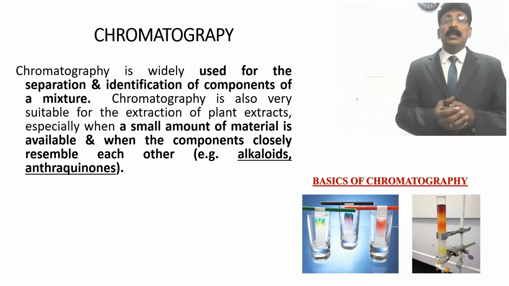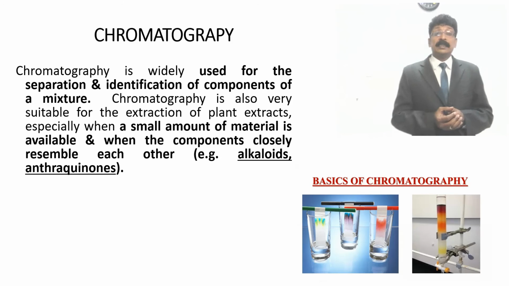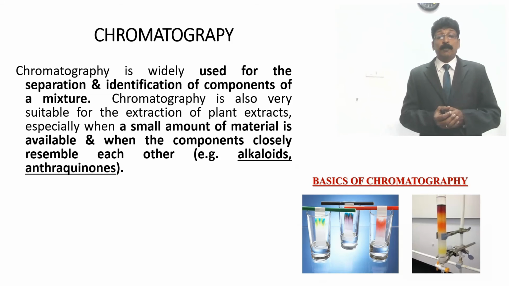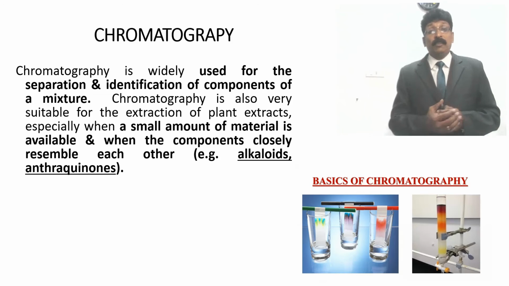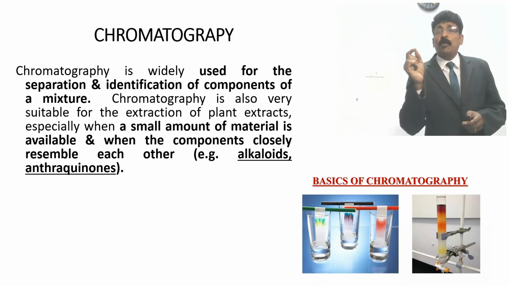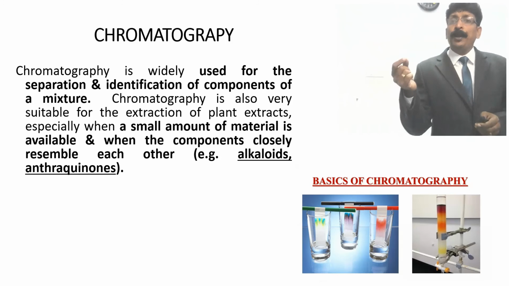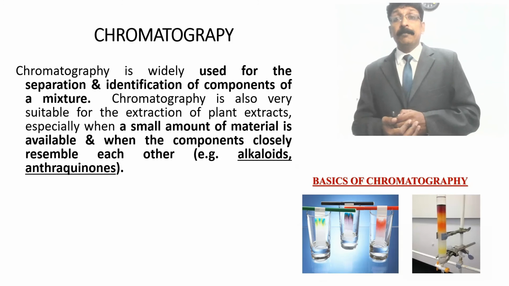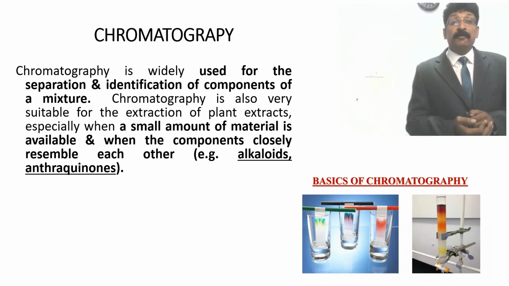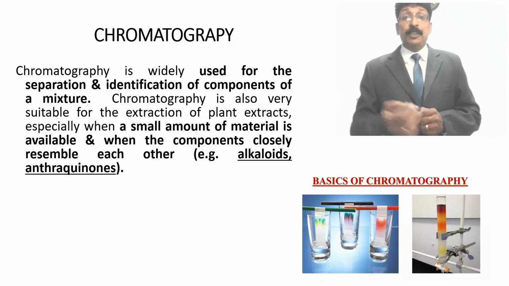Chromatography is also very suitable for the extraction or isolation of plant extracts, especially when the amount is very small. Minute amounts can go for TLC, paper chromatography, and also HPTLC, high performance thin layer chromatography, which can separate very minute quantities, and even HPLC, where a small amount of material is supplied.